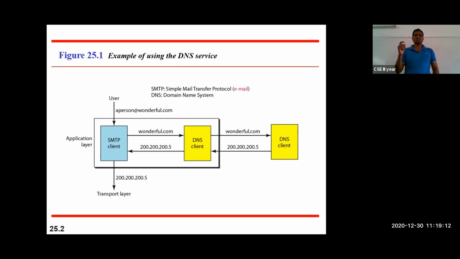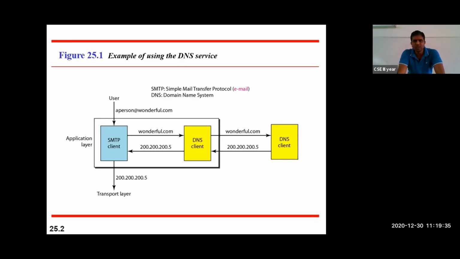Now, the user is trying to send a mail. On the user side, the user agent has started. What will the user agent send first? A connection establishment command, then the IP address of the local device which is sending the mail, then the sender's email address, and then the receiver's email address.